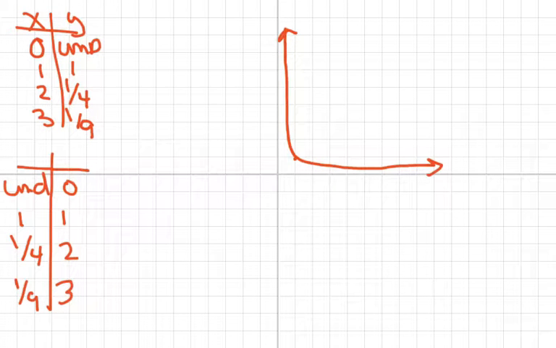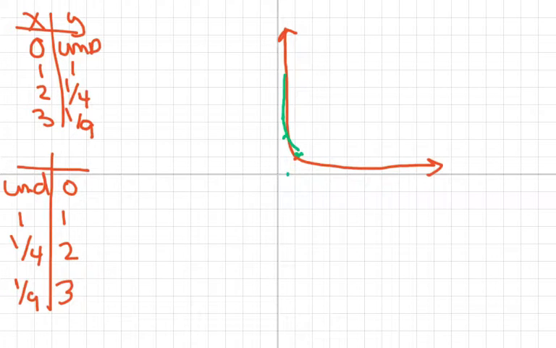So if I graph this, and we probably need more values, 1 will go to 1 again, 1/4 goes to 2, 1/9 goes to 3. All right. And basically what I'm getting is I'm just getting the same thing here.